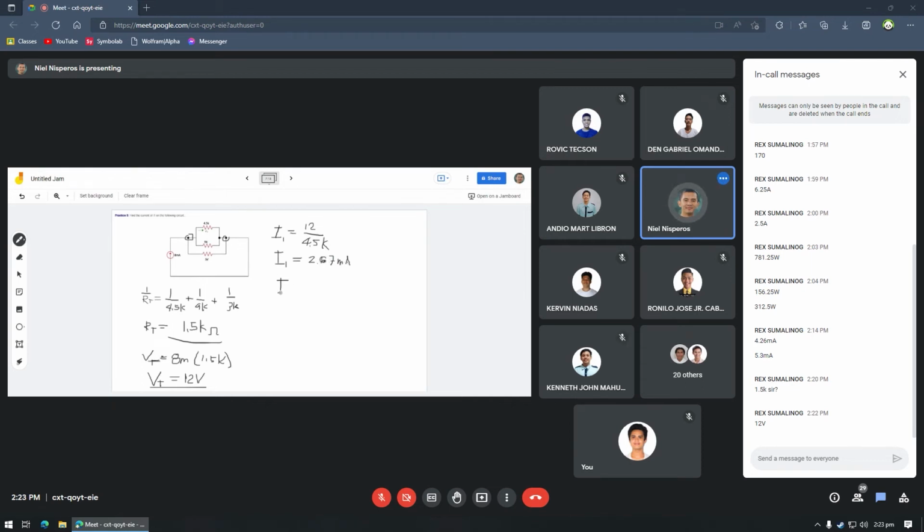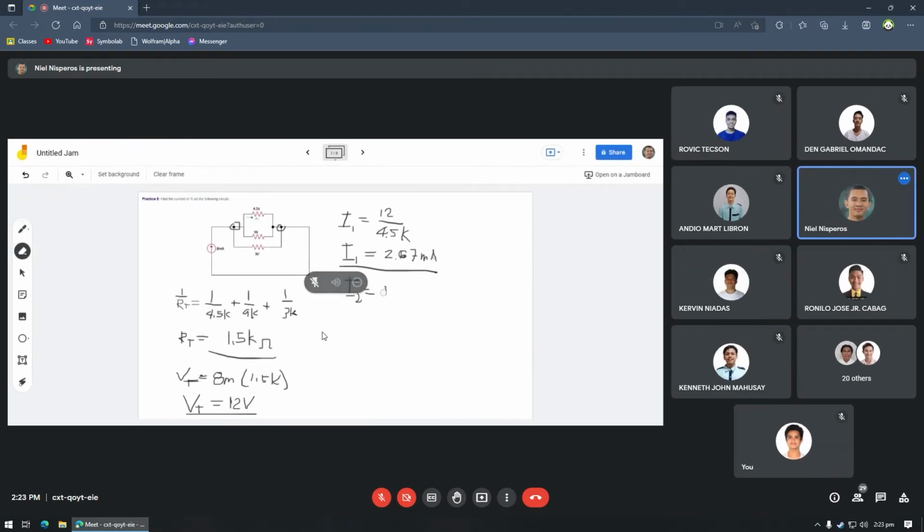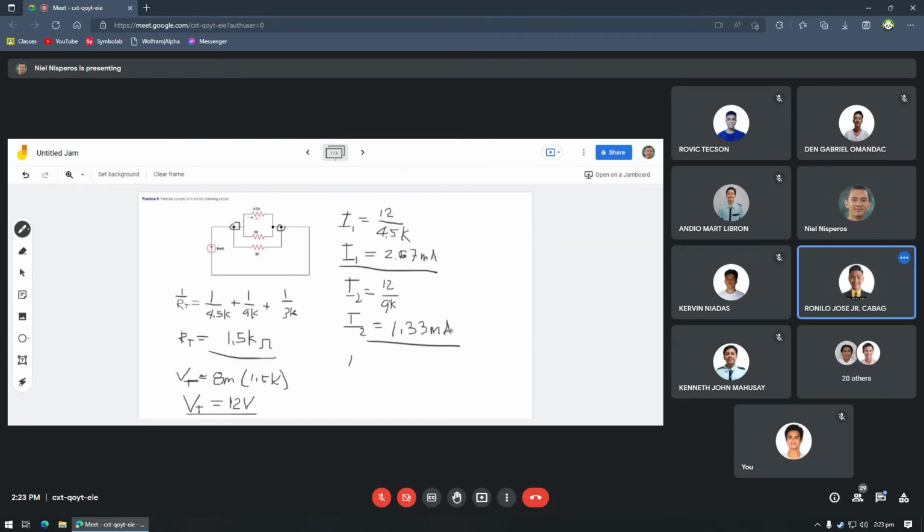So for I2, we have 12 divided by 9K, which is 1.33 milliamperes.